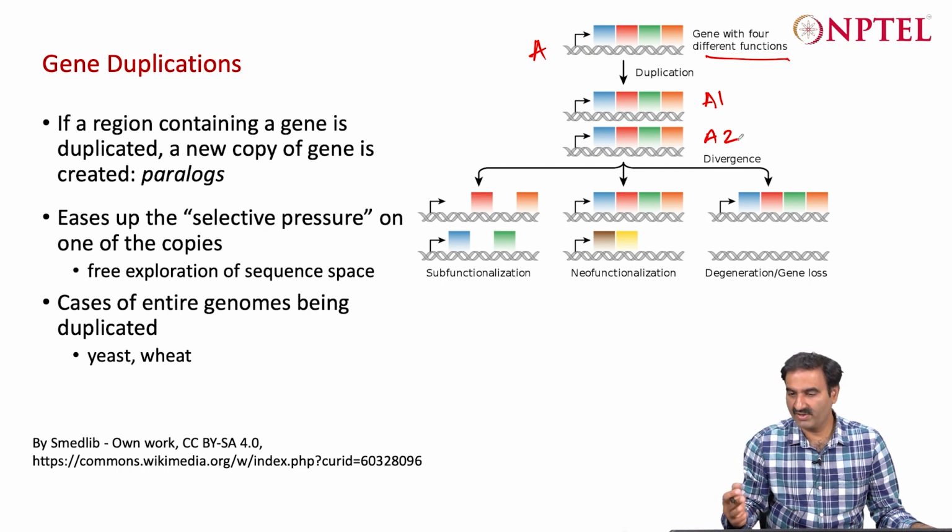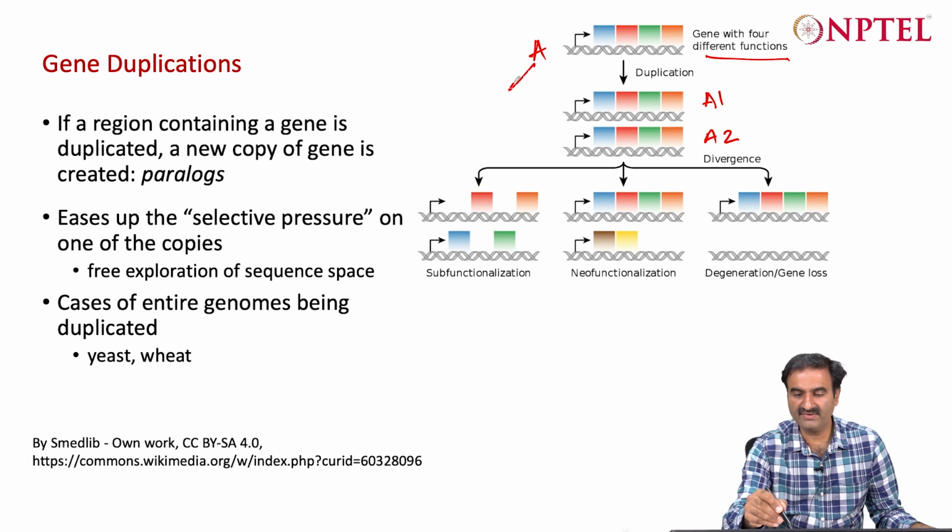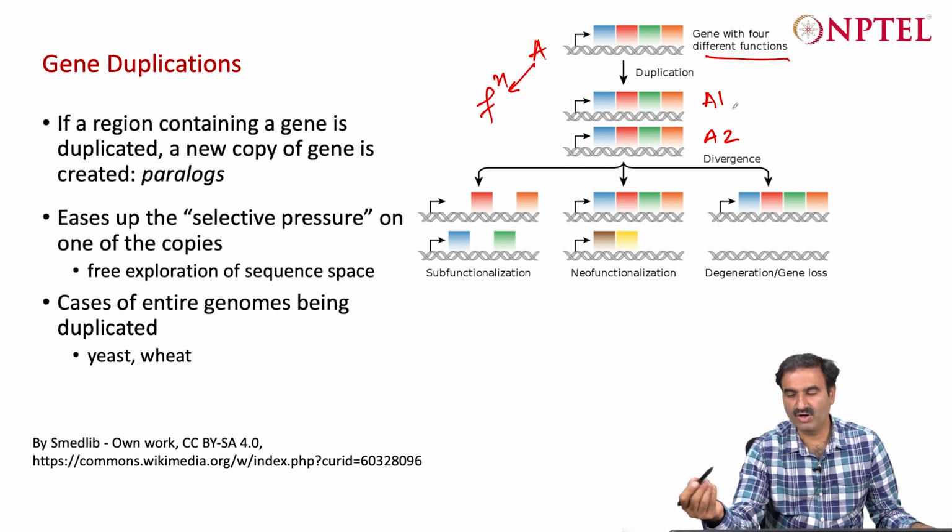So A was doing some function. Now when you have two copies, A1 continues doing the same function, but if I change A2, it will not impact the organism because the function which was supposed to be done by A1 is still happening.